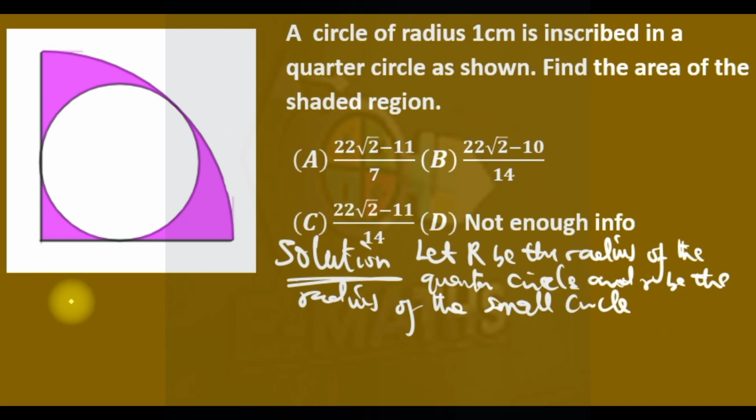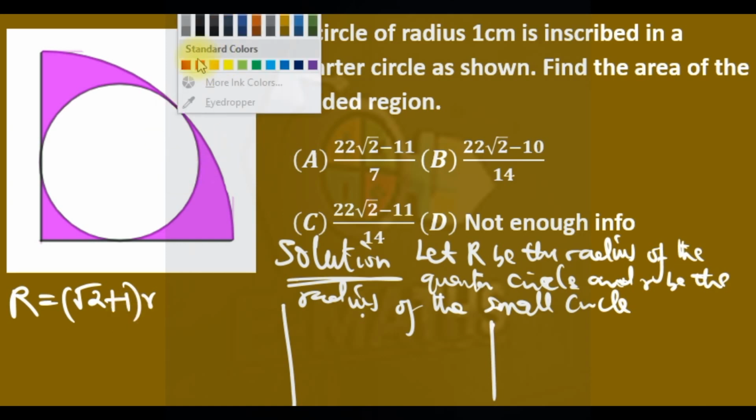Then R is always equal to root 2 plus 1 times r. Yes, that's the relationship connecting the radius of this big circle and that of this small circle.